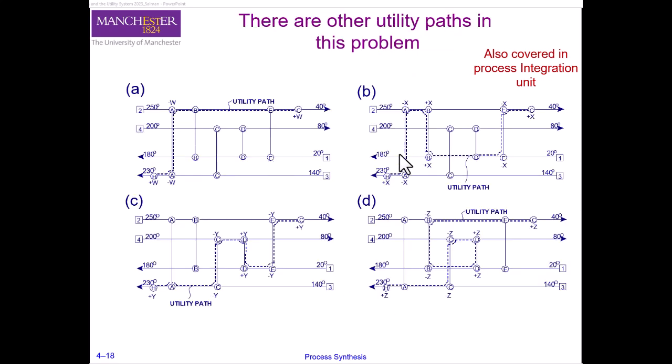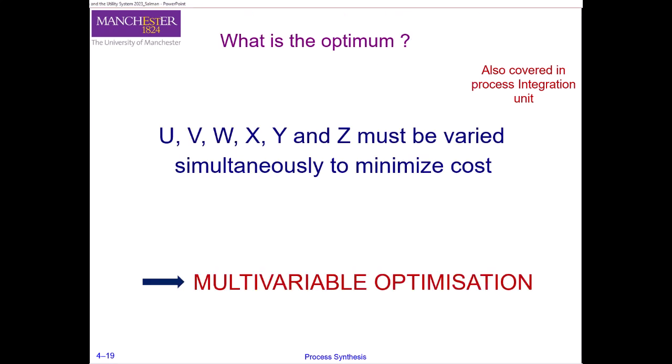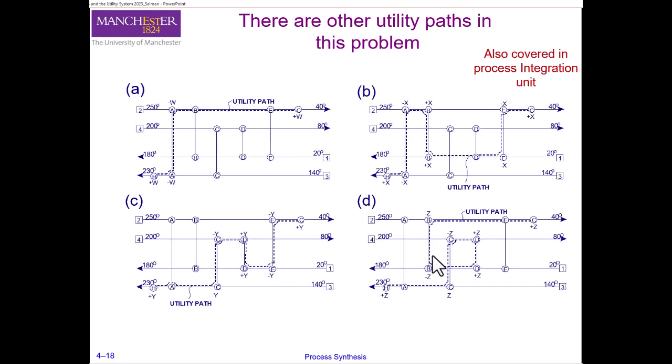Now, which option is the best is difficult to decide, because to find the best option, we have to change all these variables at the same time in a way to minimize the cost. Whichever network gives us the minimum cost in terms of the capital cost and the energy cost, that would be our choice for the HEN network.